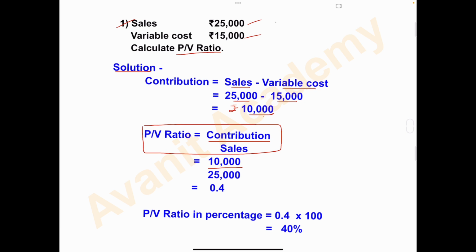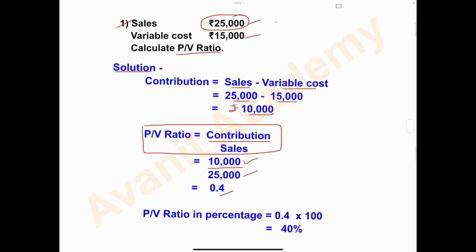Let's calculate PV ratio. That is PV ratio is equal to contribution divided by sales. Contribution amount is 10,000 and sales amount is 25,000. 10,000 divided by 25,000 will get 0.4. Okay, PV ratio is 0.4.